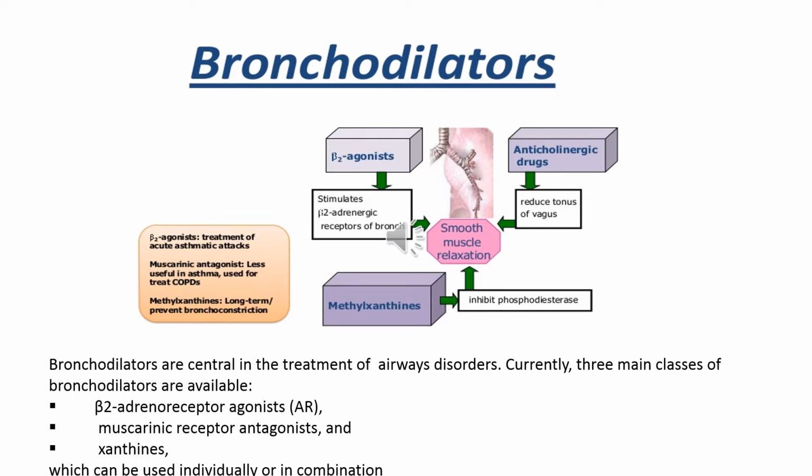Beta-2 agonists: treatment of acute asthmatic attacks. Muscarinic antagonists: less useful in asthma, used to treat COPD. Methylxanthines: long-term prevention of bronchoconstriction.